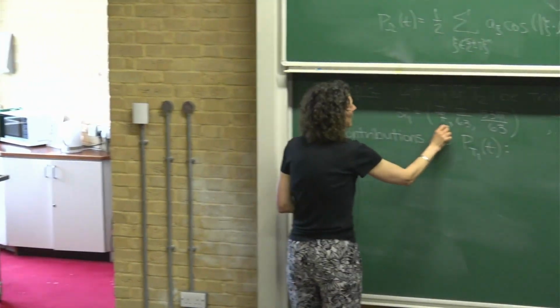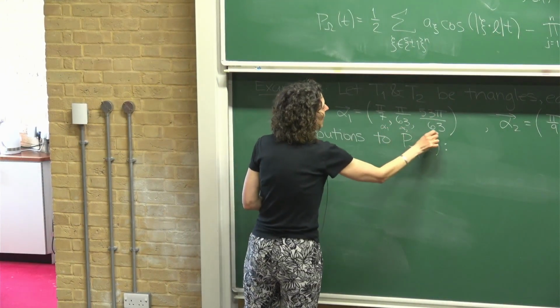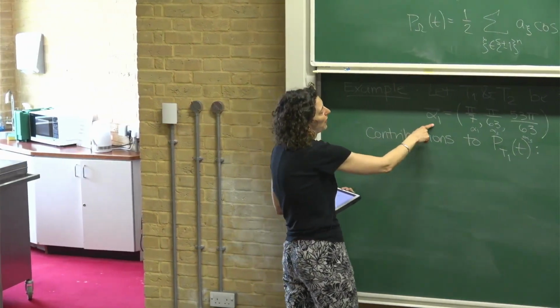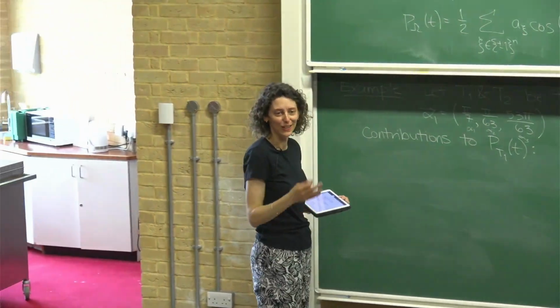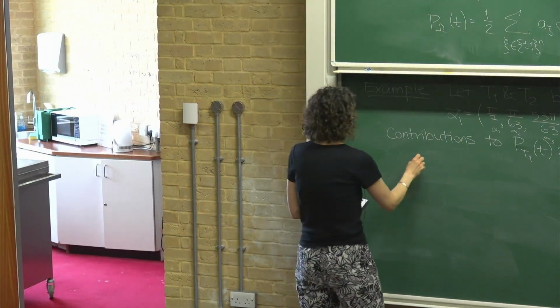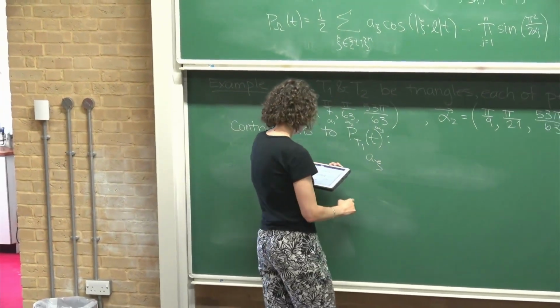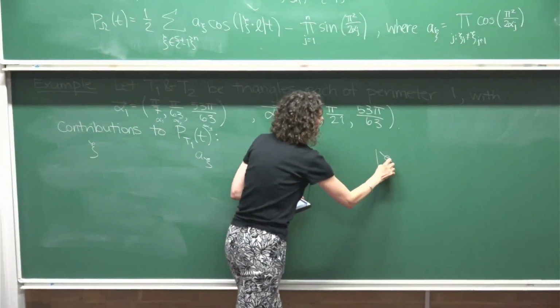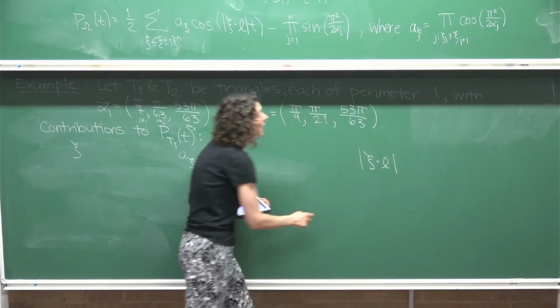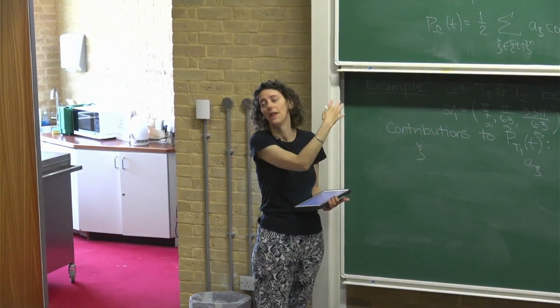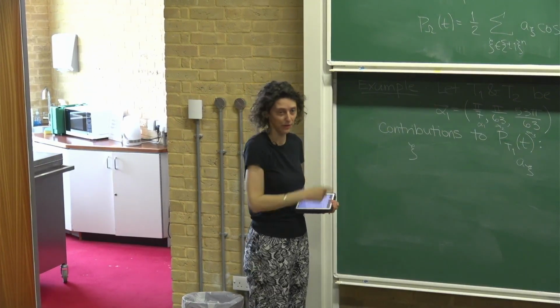So this is alpha 1, alpha 2, and alpha 3 as in my picture. This one goes with triangle 1, this one goes with triangle 2. I agree, the notation is not the best. Okay, so let's think about what are C, A_C, and C dot L. Those are all ingredients in this characteristic polynomial. So let's look at those first, and then we'll put it together and get the characteristic polynomial.